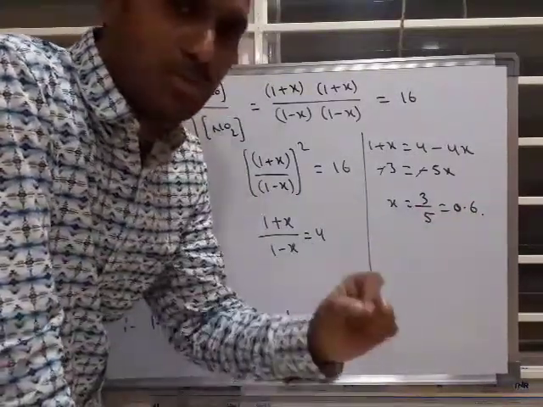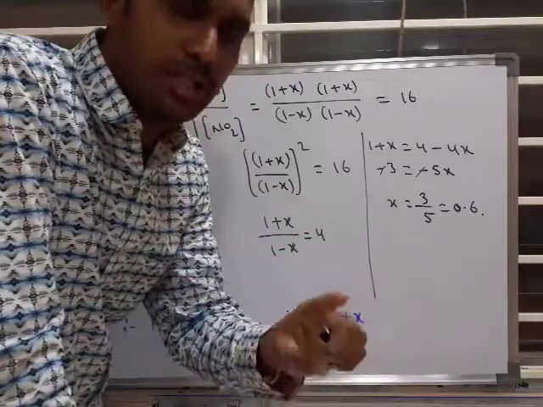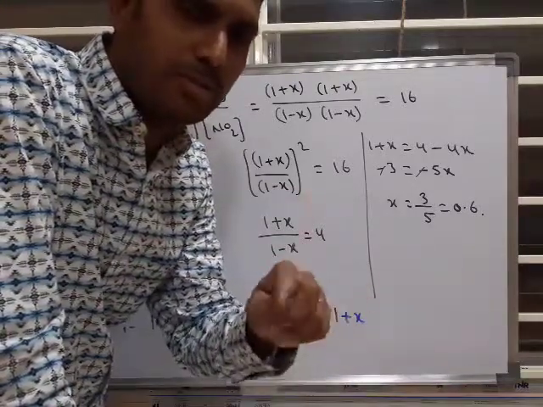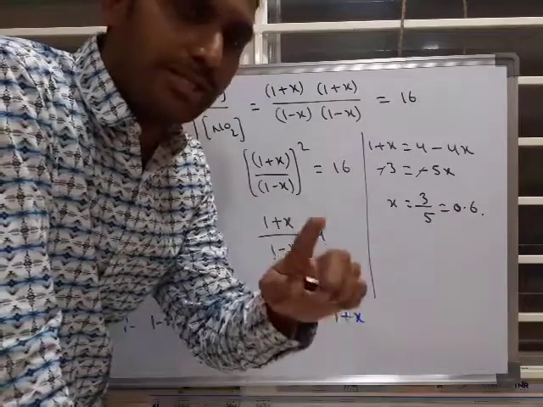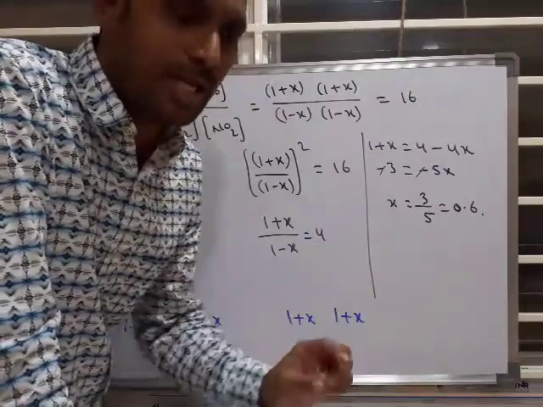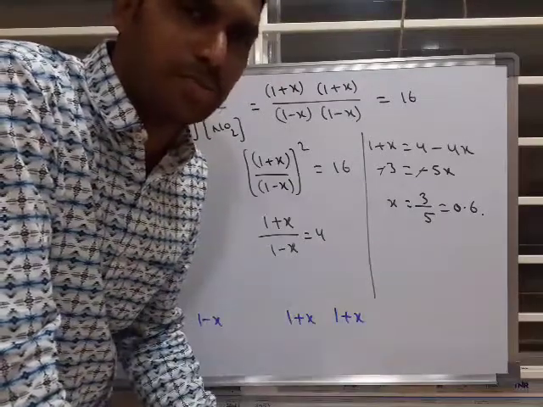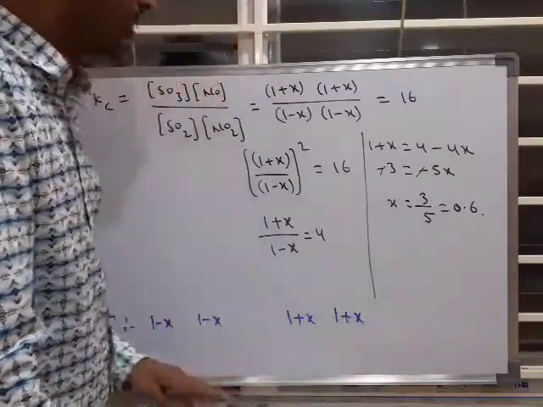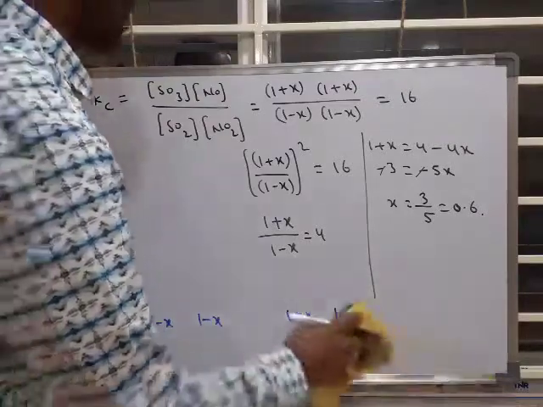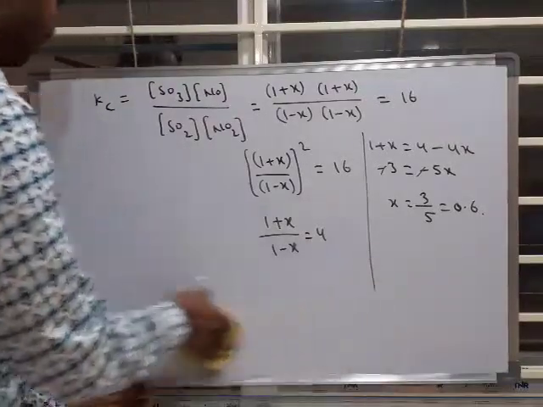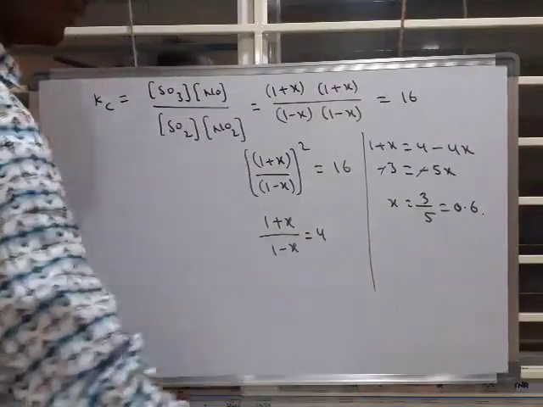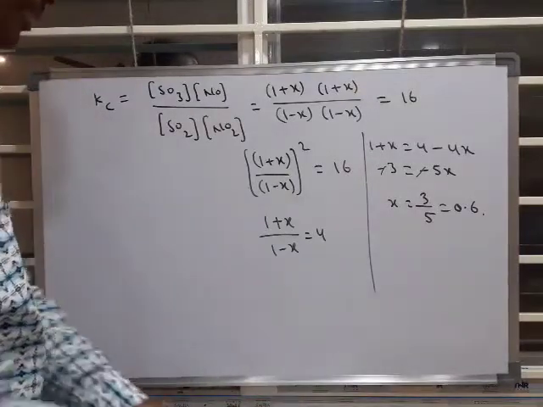In the last problem, N2 plus 3H2 gives NH3, we took x equal to 40% because exactly 40% was given there. Based on that we found Kc there, and found the ratio of volumes. So here, actually what we have to find is the concentration.